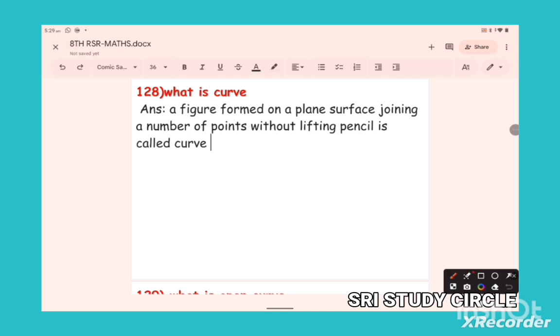What is a curve? A figure formed on a plane surface by joining a number of points without lifting the pencil is called a curve.